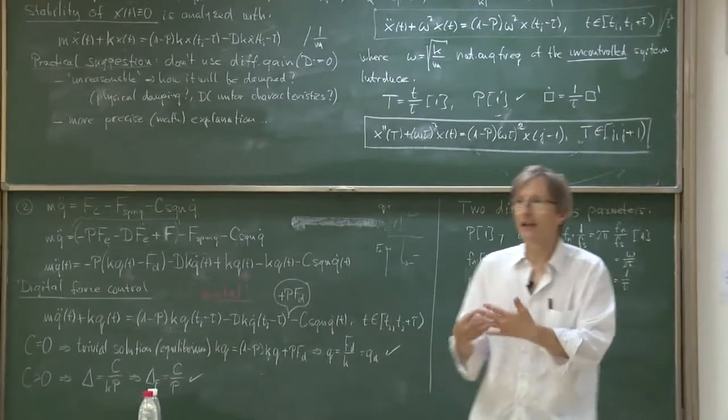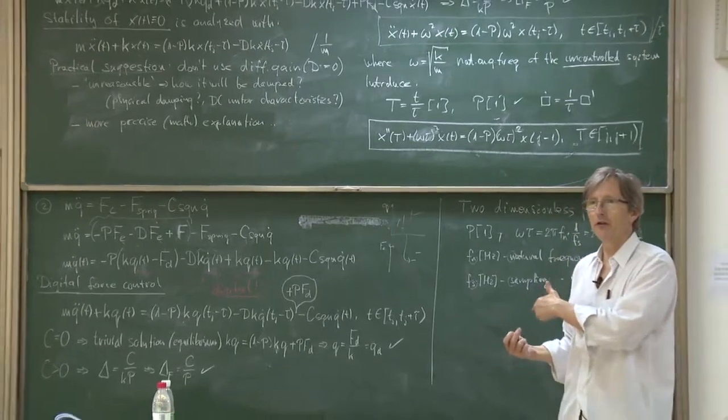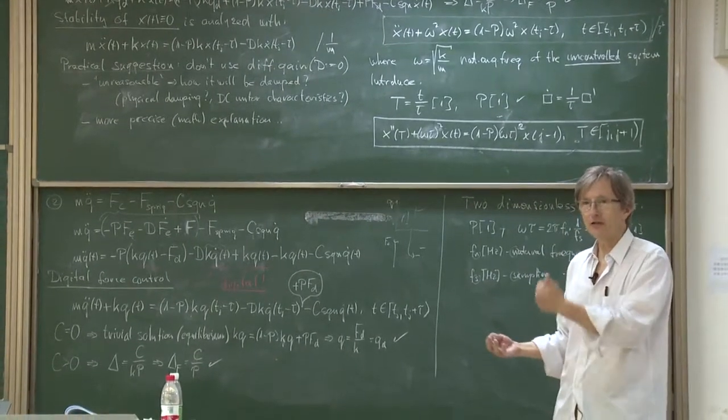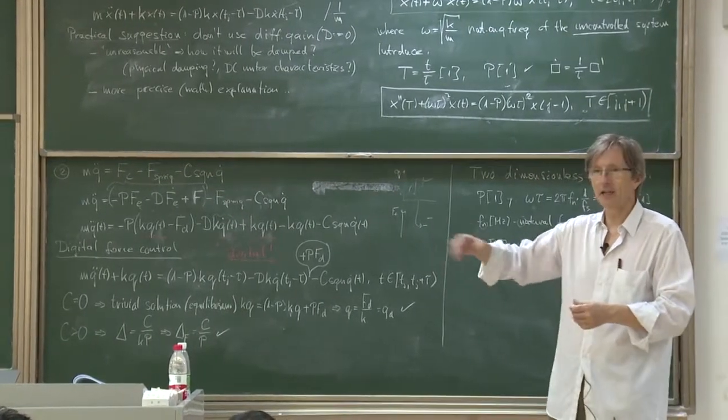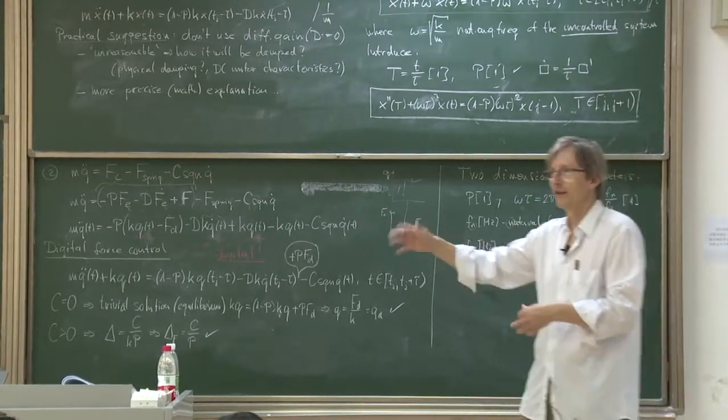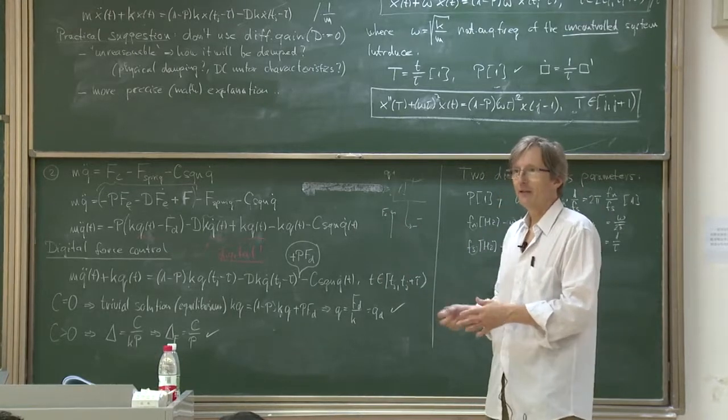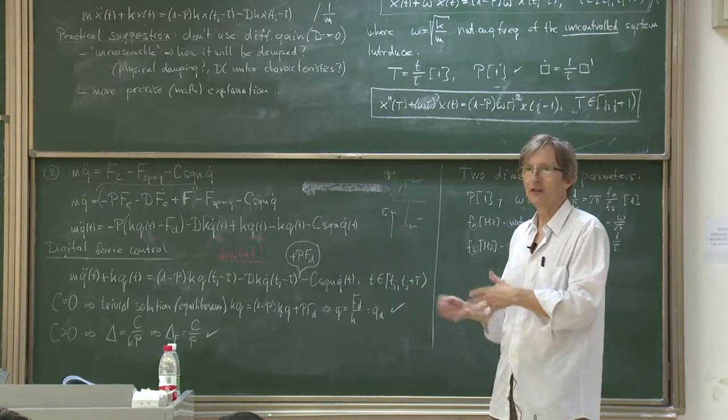But funnily enough, the vibration which occurs is far from the natural frequency and from the sampling frequency, because it will oscillate like a Parkinson disease, only a few hertz, okay? Far away from the natural frequency and the sampling frequency.